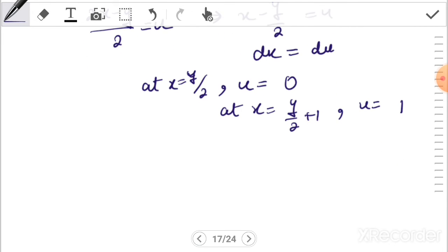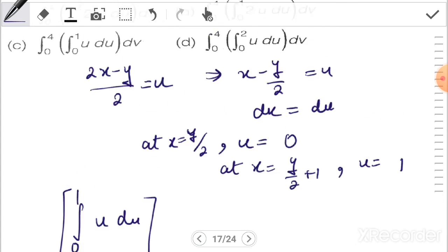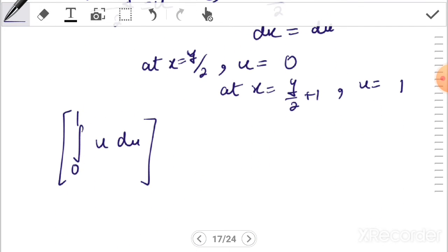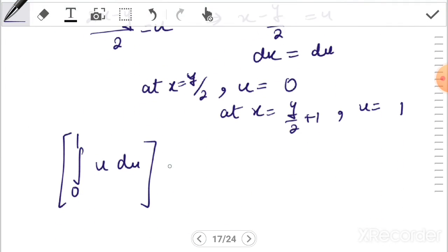So now the integral becomes 0 to 1, u varies from 0 to 1, u du, and so dy from 0 to 8.